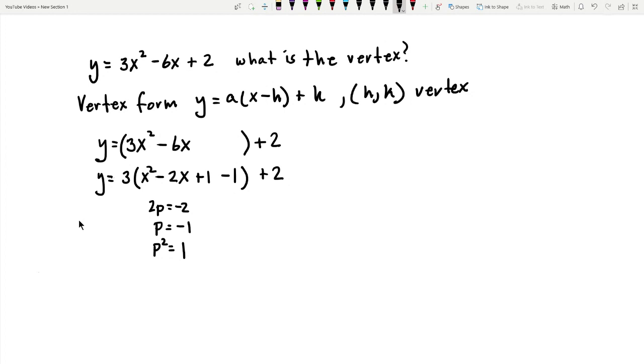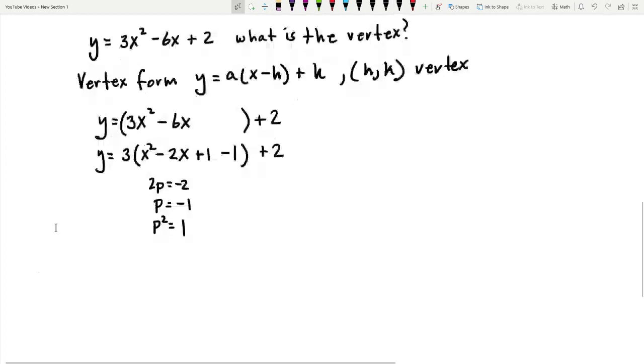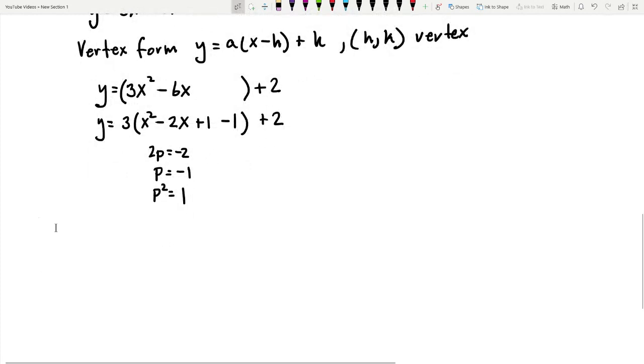By adding 0, I have not changed the equation. I've only changed what it looks like.